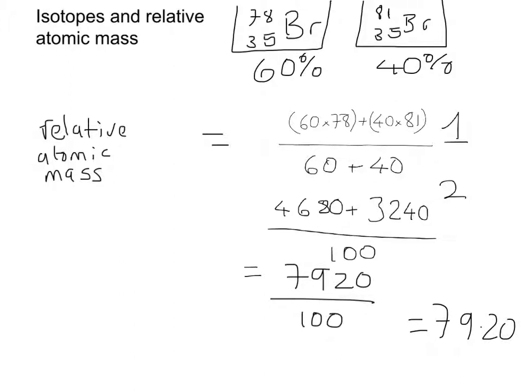Therefore, the answer to this question is the relative atomic mass of bromine is 79.2. So that is the answer to the question, and it is how you work out the relative atomic mass of an element based on the abundance of its isotopes.